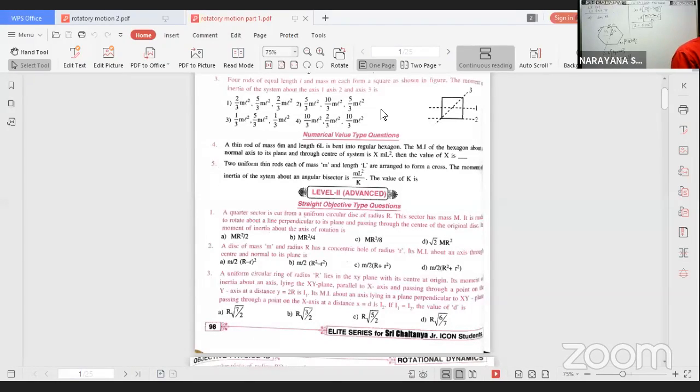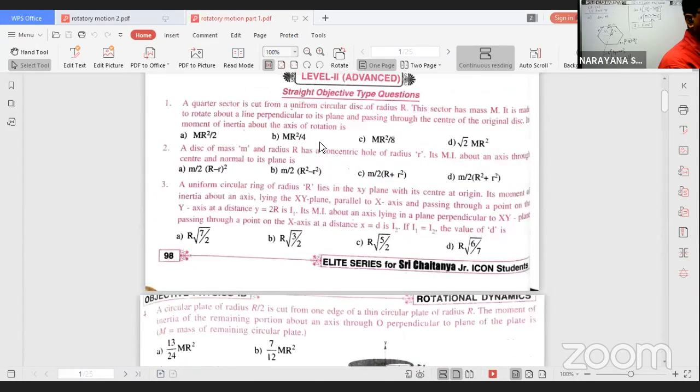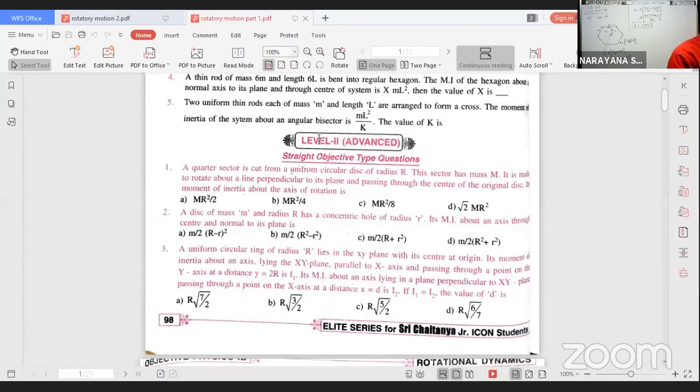Now level 2. Okay, all of you see the level 2. What about problem 1 in level 2?